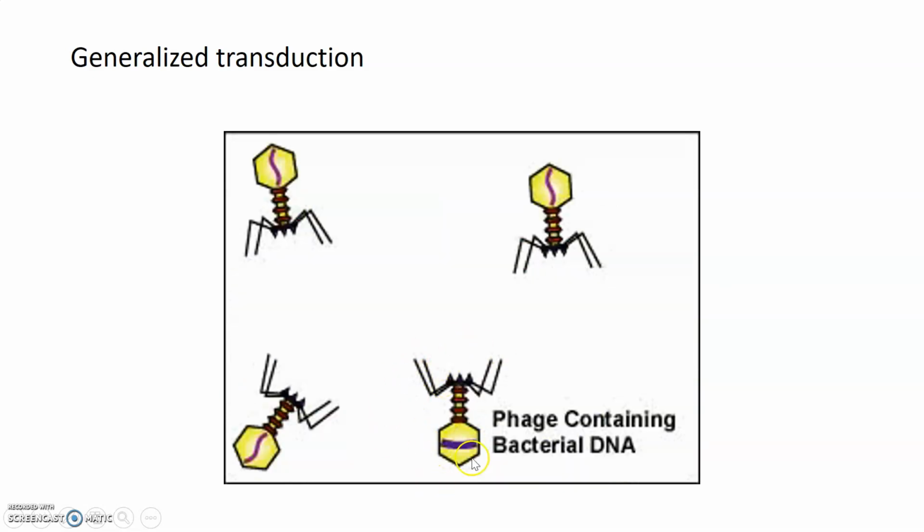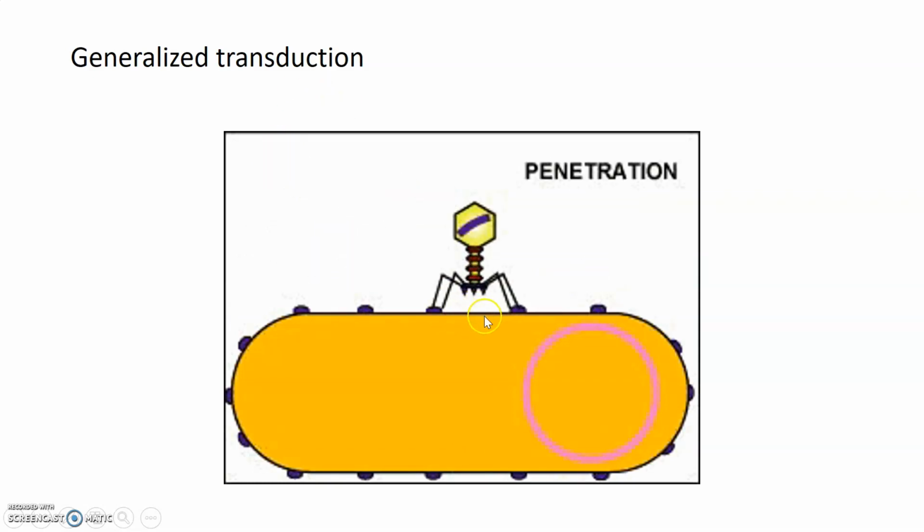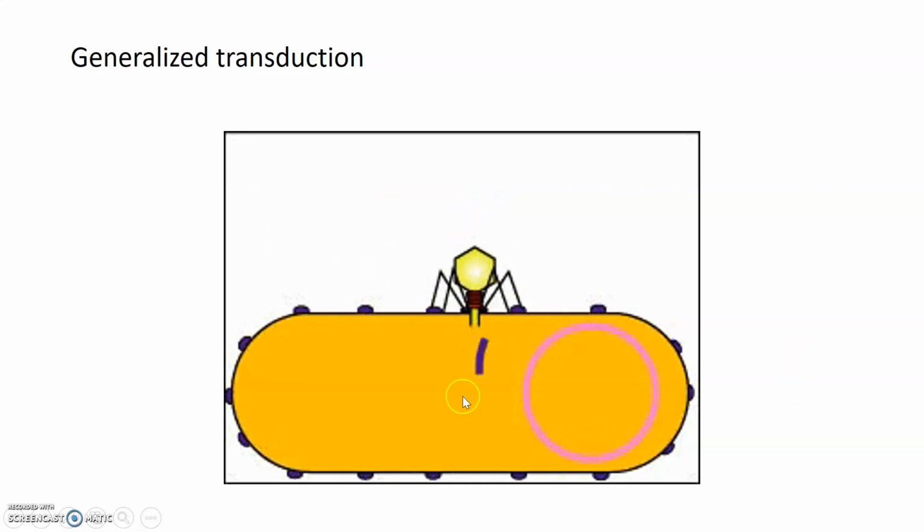This is your transducing phage, which can now effectively travel and bind to a new recipient cell, insert its DNA. This bacterial DNA can be recombined into the host cell's chromosome.